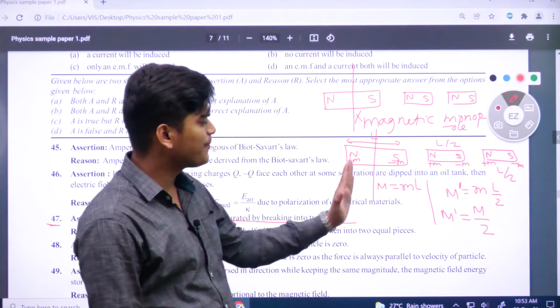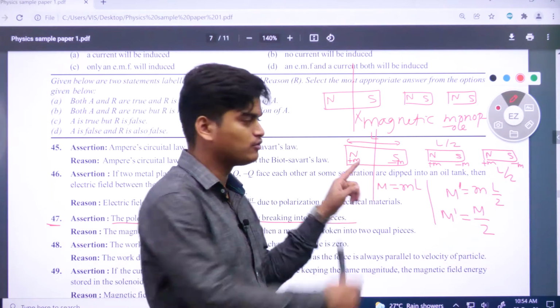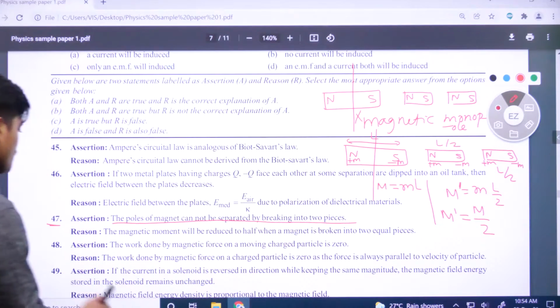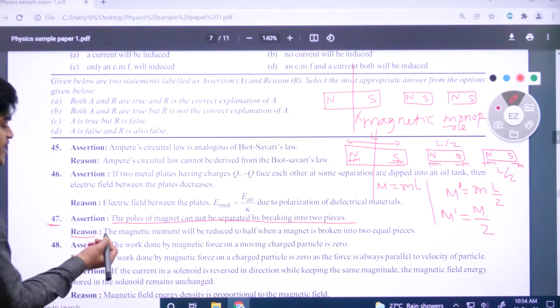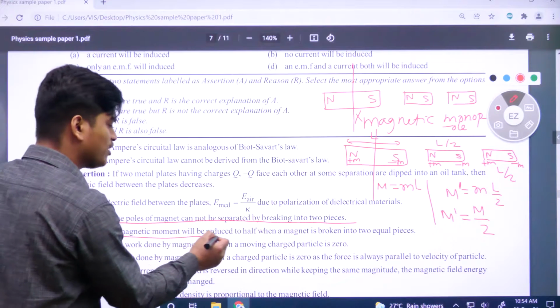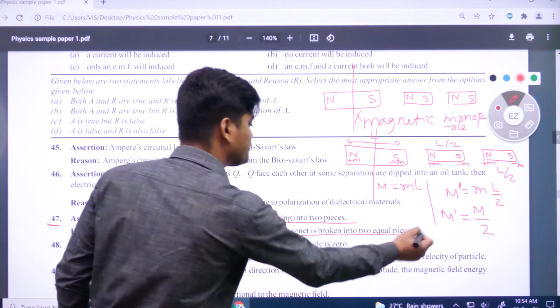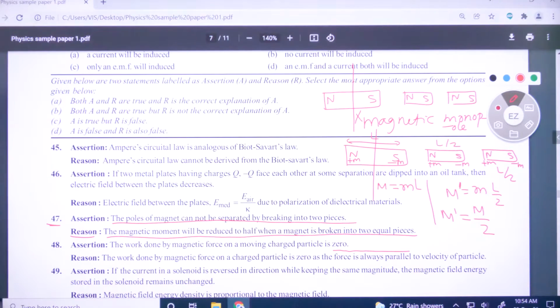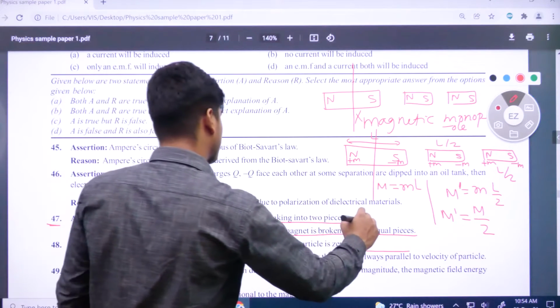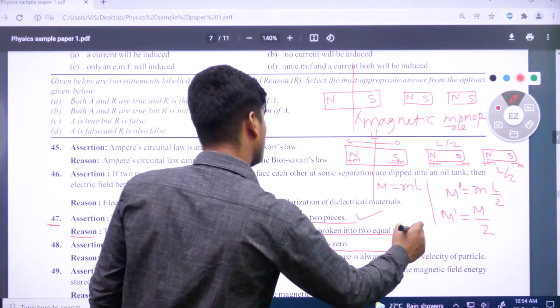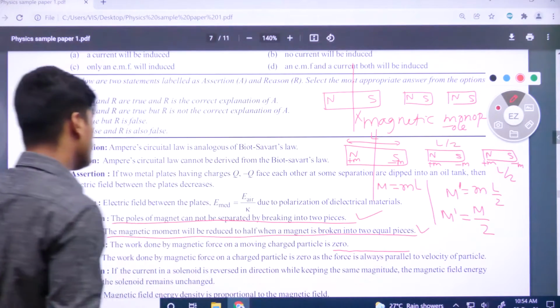So what is happening here? It is half of the previous value, that of the total bar magnet. So whatever the reason states, that the magnetic moment will be reduced to half when the magnet is broken into two equal pieces, is actually correct. So this statement is correct, and this statement is also correct.